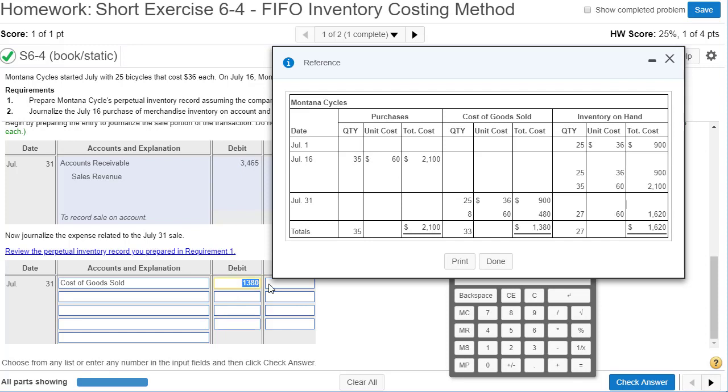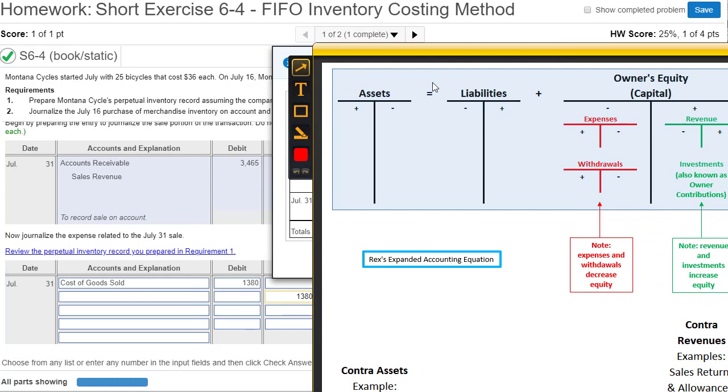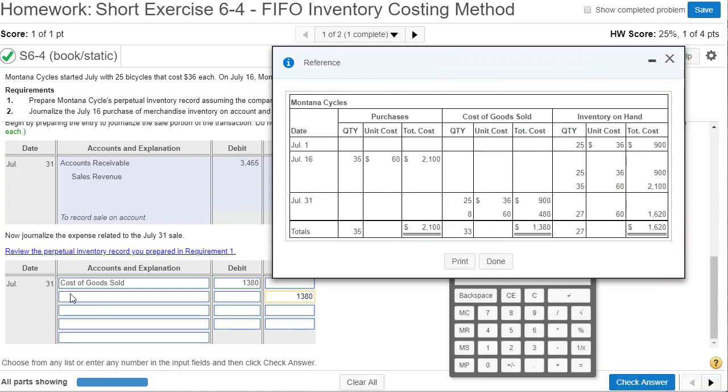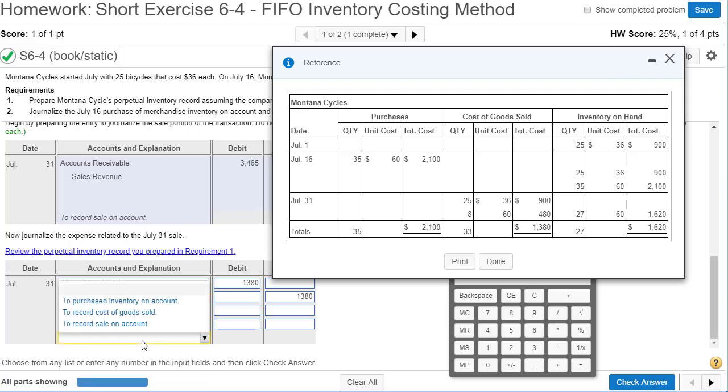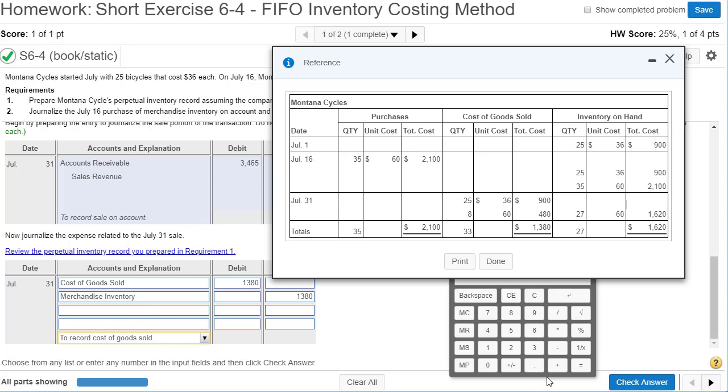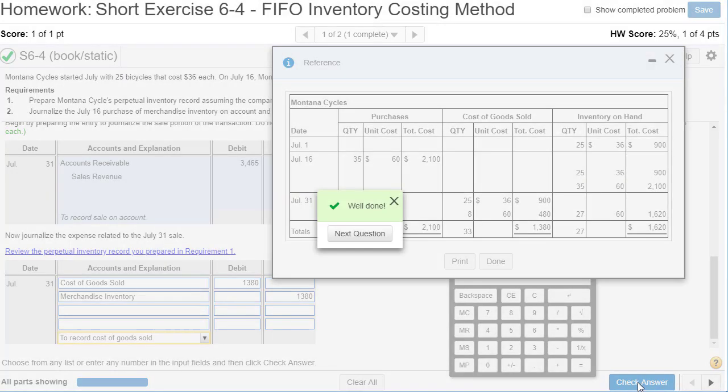Now this $1,380, we need a credit account. So what happens to inventory when we sell our bicycles? Inventory, which is an asset, do we have more inventory or less? We have less inventory, so that is why I'm going to credit inventory. To record cost of goods sold. And that's it.